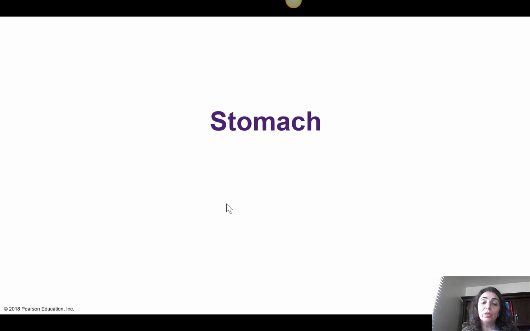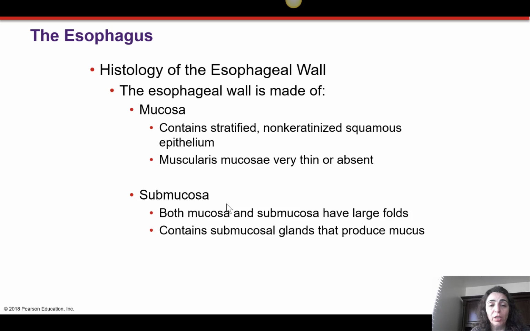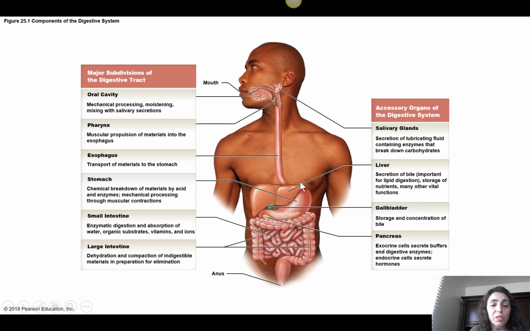So that was regarding the esophagus after the pharynx. Now the food is passing through the esophagus and getting to the stomach. Just getting back here, I want to grab your attention that the last part of the esophagus, after passing through the diaphragm, has a small portion inside of the abdominal cavity.